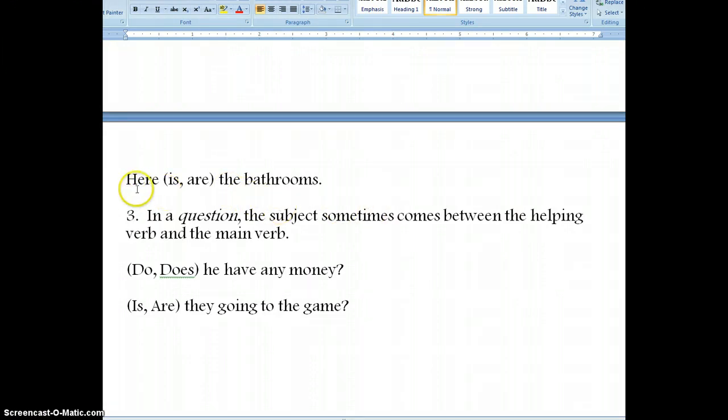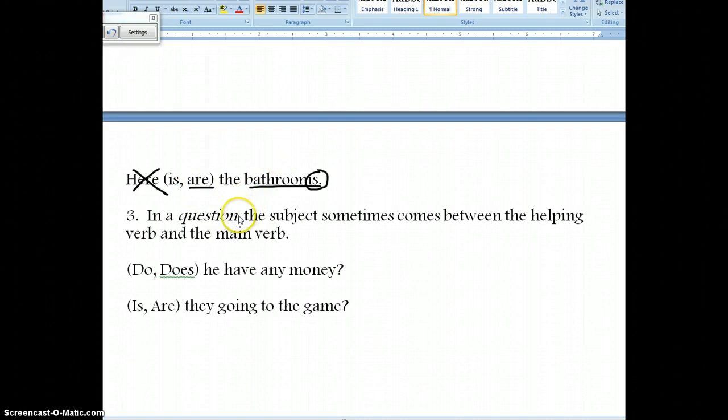So please do not mark here or there ever as the subject of your sentence. In this sentence, here's not the subject, so mark it out, and that leaves the subject to be bathrooms. Bathrooms has an S on the end, so we are not going to choose is, we're going to choose are.